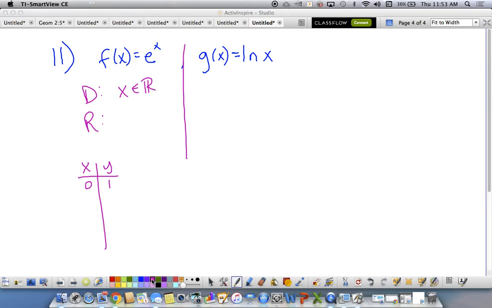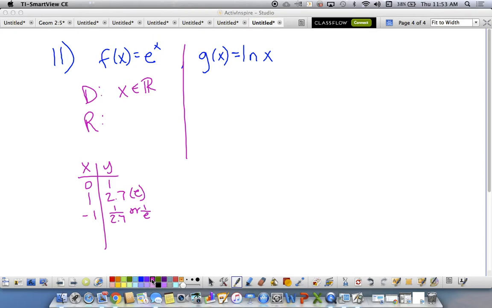Now, you know e is just a number. It's like pi, 2.7. So put in a 2 or 3, whatever. So if x is 1, what is y? E, 2.7, whatever. What happens if it's negative 1? 1 divided by 2.7, or 1 over e.